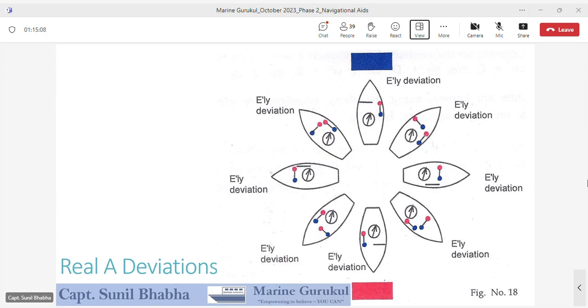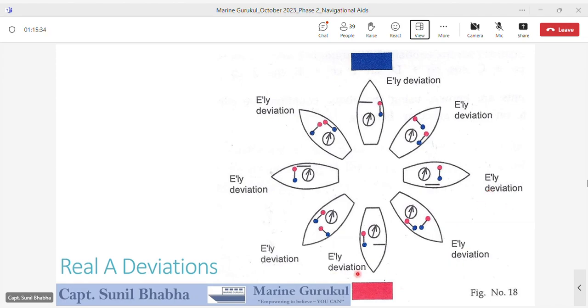Let's now try to see that at different headings, what is the deviation which is generated because of this induced magnetism. So as you can see in the diagram, at every heading, they indicate to us that it is an easterly deviation. You see north heading, northeast, easterly, southeasterly, southerly.